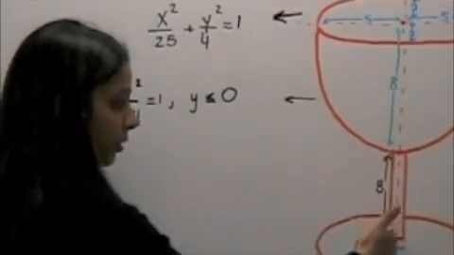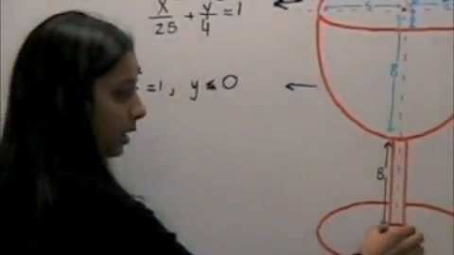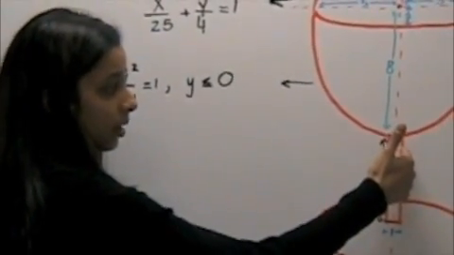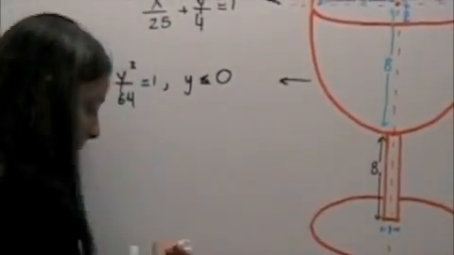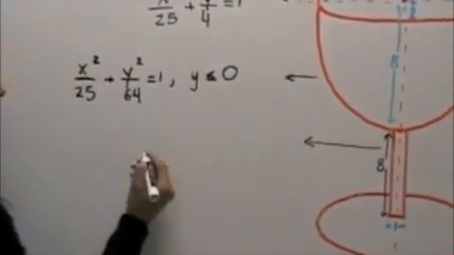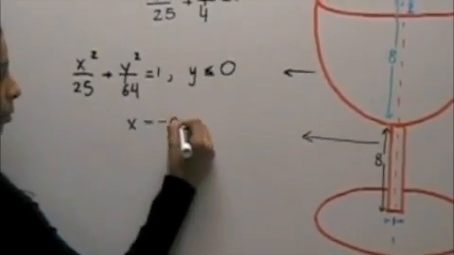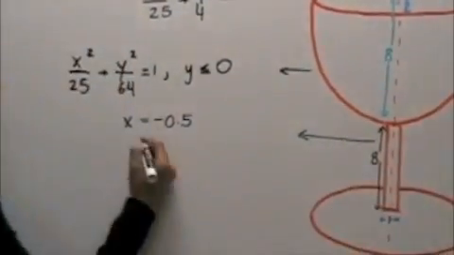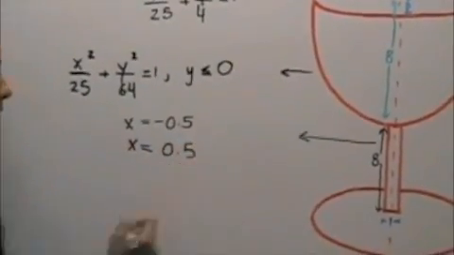Next, let us consider these two vertical lines. We know that this distance here is 1 unit, so the distance from the axis to the vertical line is 0.5. So this equation would be x is equal to minus 0.5, and this vertical equation would be x is equal to positive 0.5.